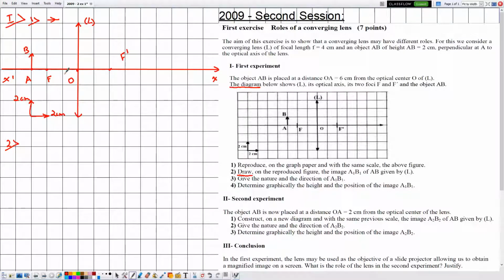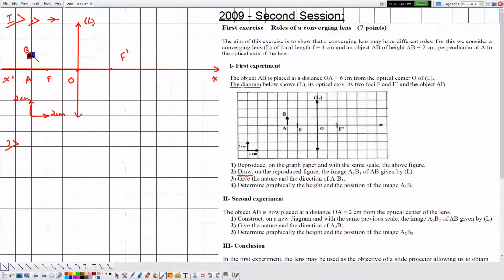Notice that till this moment we didn't trace any ray issued from B. So in order to trace the image A1B1 of AB given by L, we need to consider 2 incident rays that are issued from B. The first one that we'll consider is parallel to the optical axis. We know that it will emerge passing through the image focus like this.